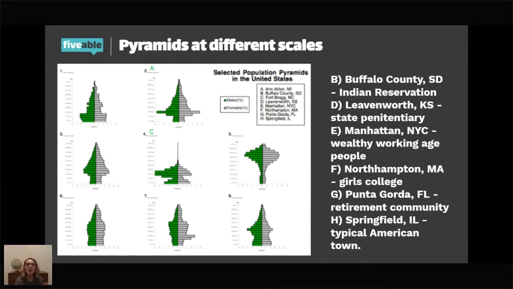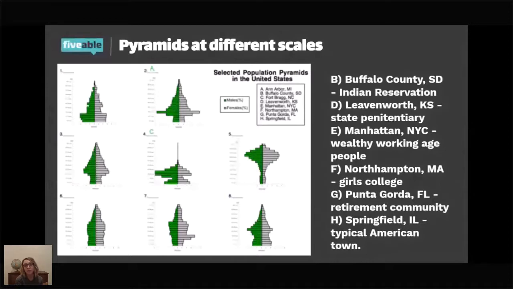Okay, so I would start to pick out your pyramids with the greatest anomalies. That's usually the easiest ones to start matching up first. So for me, I immediately look at number 5, where the majority of my population is elderly people, or in the second half of their life. And so then I go back to my answer choices and I look at G, and I see that Punta Gorda, Florida is a retirement community.